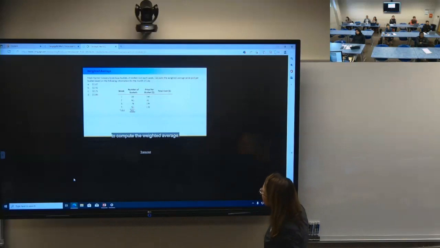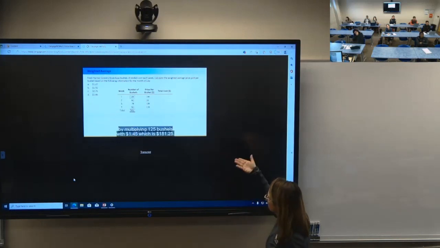In this assignment, we will learn to compute the weighted average. Given information, the price and the number of bushels of shelled corn purchased, to compute the weighted average price paid per bushel. Total cost in the first week of July, calculated by multiplying 125 bushels by $1.45. So for a total cost of $181.25.